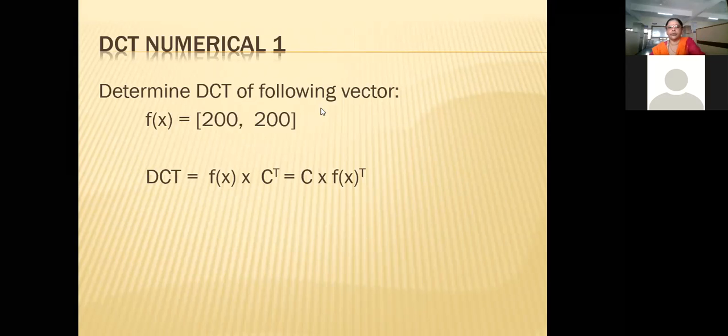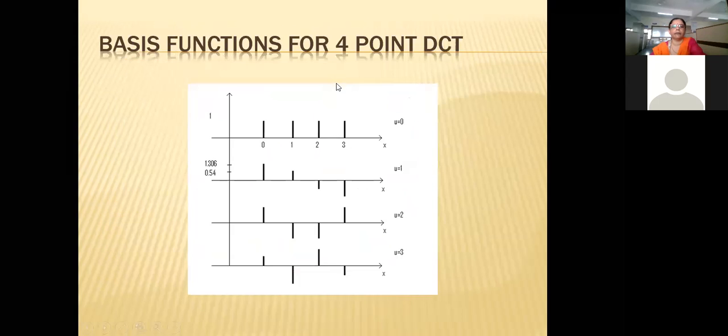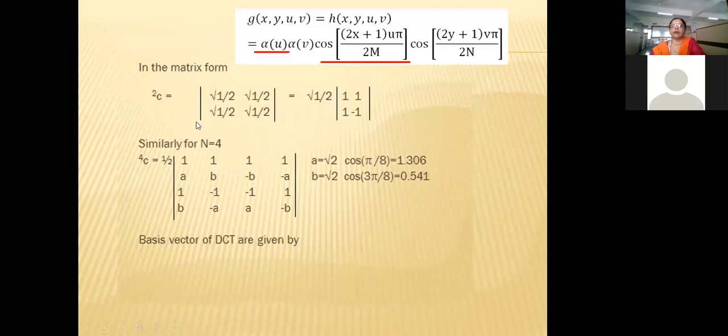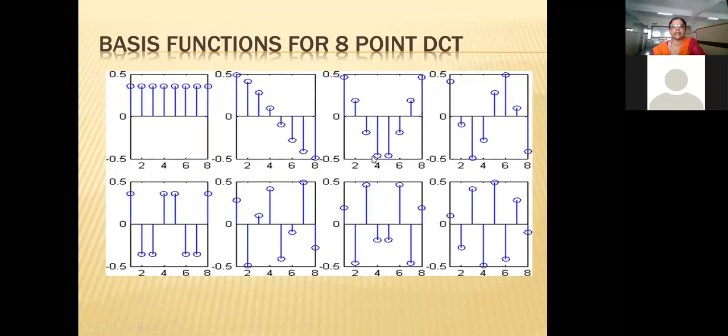So we have to use this particular coefficient matrix where, if we take root of 1 by 2 common, these terms are 1, 1, 1, minus 1. Now we can use our input signal and simply by matrix multiplication with this DCT coefficient matrix, we can get the DCT of the given signal.